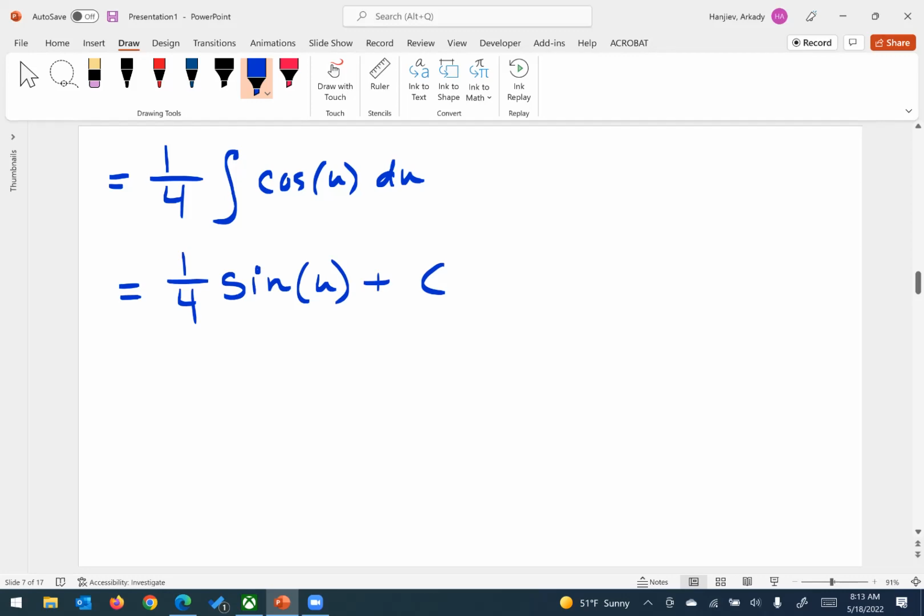Because we're just taking the antiderivative of cosine. And now we're going to back substitute our u value. Back substitution, I forgot already. x to the 4th plus 2, I think it was, right? Yep. Sine of x to the 4th plus 2, plus c.